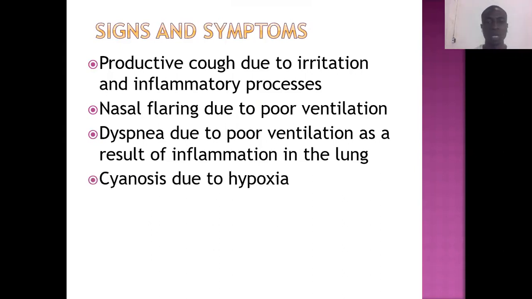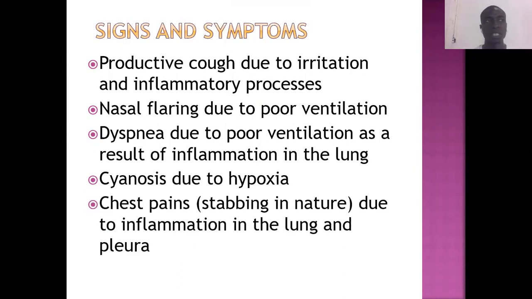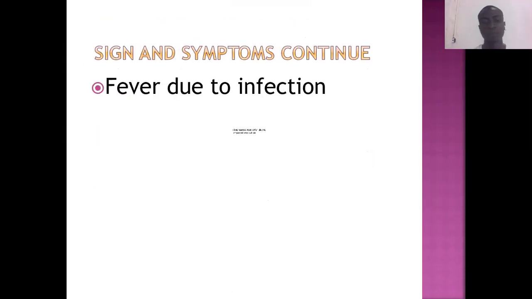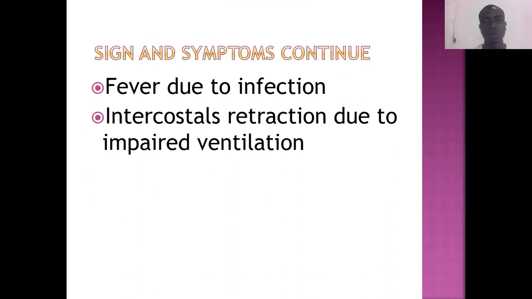There's cyanosis due to hypoxia. There's also chest pain. As I mentioned in the introduction, chest pain is one of the cardinal signs of pneumonia, due to inflammation of the lungs, and there's fever due to infection. There's intercostal retraction due to impaired ventilation.